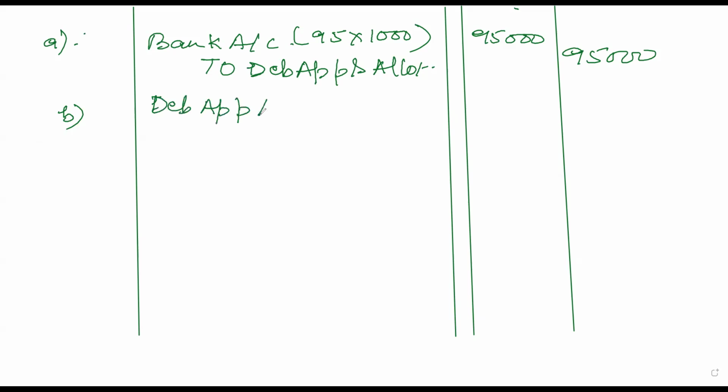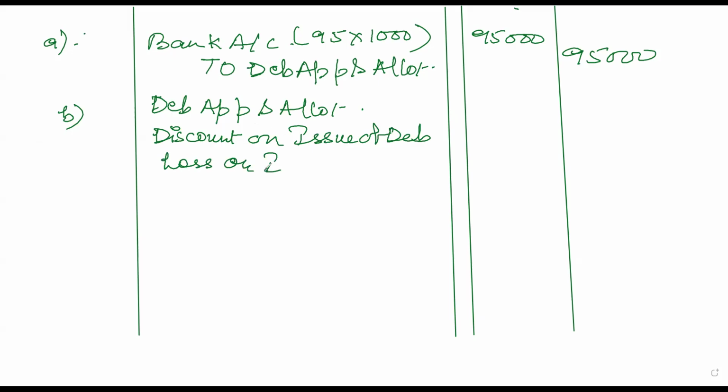Debentures application and allotment account debit. Whenever the company is issuing debentures at discount, we debit the discount, so write it down: discount on issue of debentures. After that, the company is paying a premium, so there will be a loss for the company. We'll simply write loss on issue of debentures.